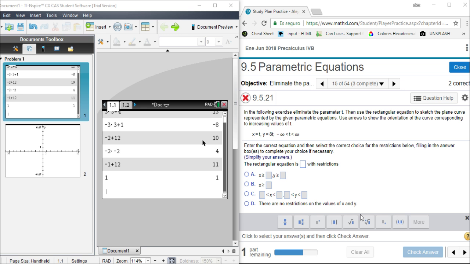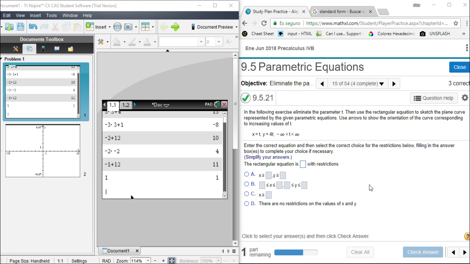Third example. This is a bit harder, so the question says, in the following exercise, eliminate the parameter t. Then, use the rectangular equation to sketch the plane curve represented by the given parametric equations. Use arrows to show the orientation of the curve corresponding to increasing values of t.